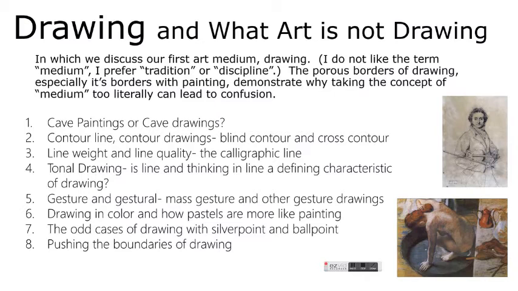But I also want to spend a lot of time talking about line and line quality, different kinds of line, and things like the change of line weight. We also talk about some of the things that a beginning drawing student would learn, those kinds of exercises, and why they would learn them, why they help them to make good drawings.